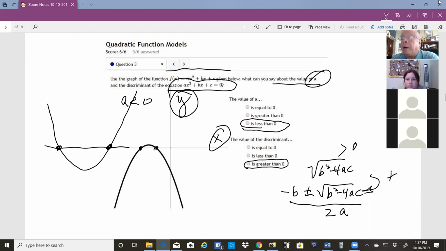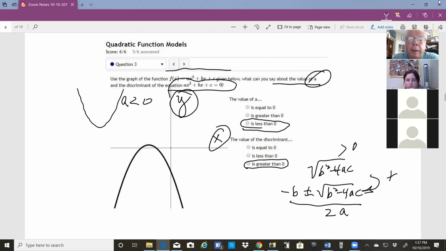Now, you can have a different situation. If it looks like that, it doesn't cross the x-axis. It has no real zeros. It never touches, okay?